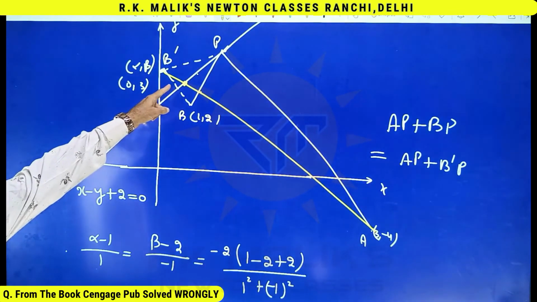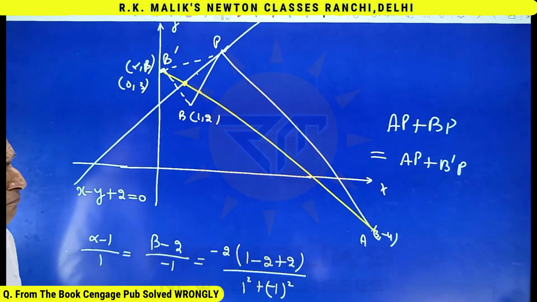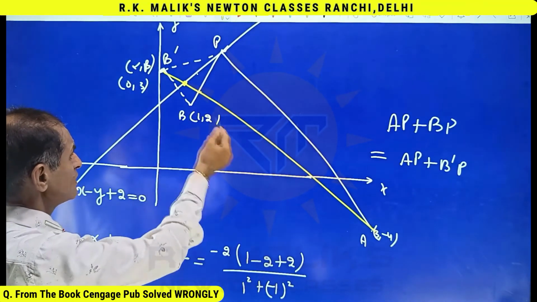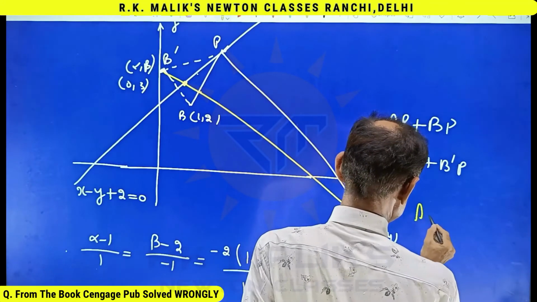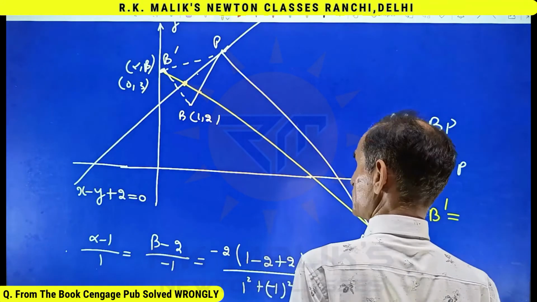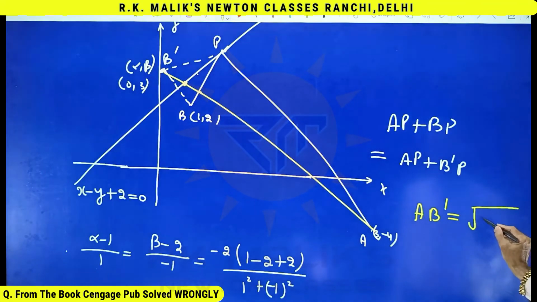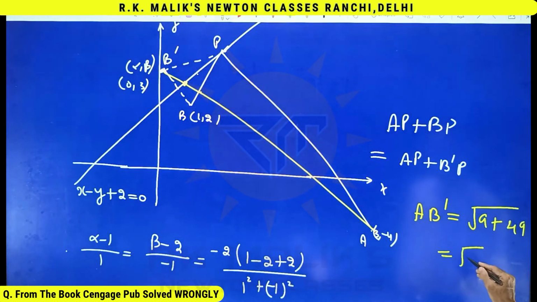For this position, B dash P plus AP will be minimum, and the minimum will be equal to AB dash. Therefore, AB dash is equal to under root of 9 plus 49, that is, under root 58.